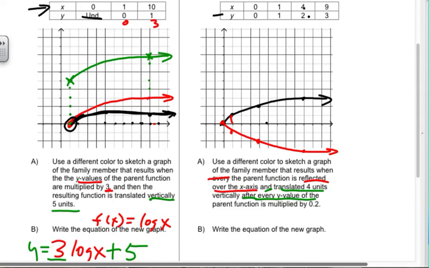What they're talking about here, multiplying by 0.2, would be this guy here. No, you do this first. Sorry. The first thing I want to do is multiply every y value.